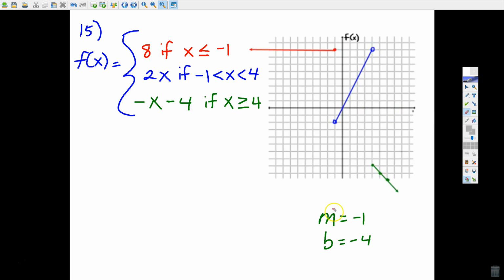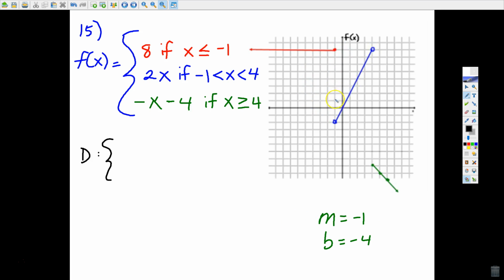Okay? Any questions so far? And we're about to do the domain range, so let's go ahead and take care of the domain. Domain says, all right, if we were to take these three pieces and think about maybe laying them one at a time on the x-axis, how much of the x-axis would be covered?